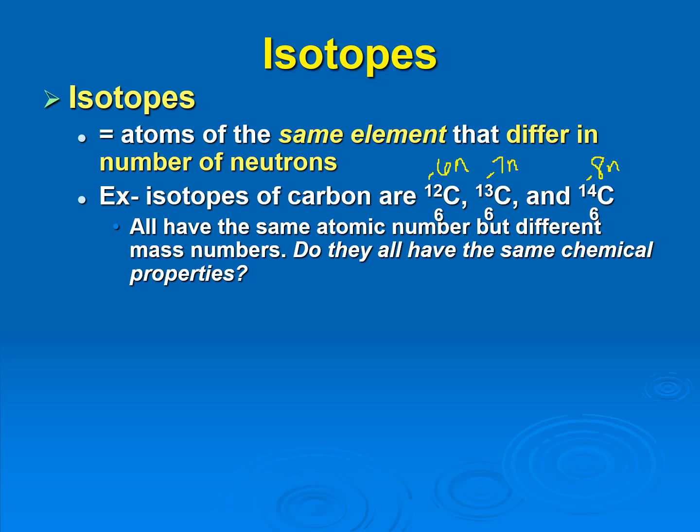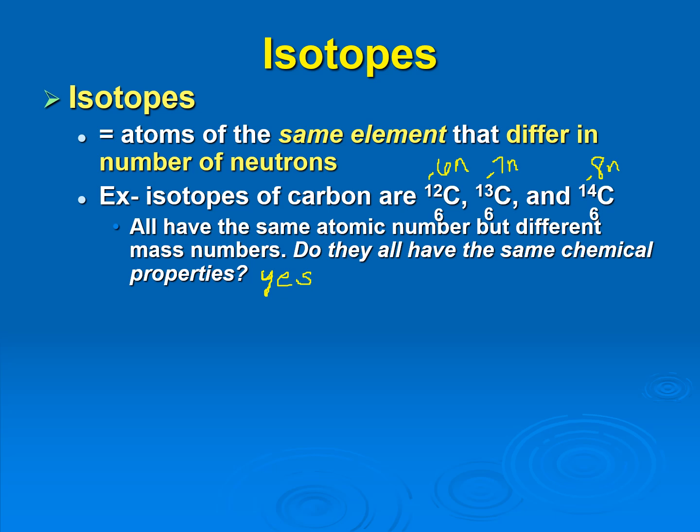They're all going to be carbon. And they all have the same properties of carbon because they all have 6 protons, because it's the 6 protons that makes them all carbon. And so they do all have the same chemical properties. So our bodies, if we needed carbon, we could use either carbon 12, carbon 13, or carbon 14 and use that to make whatever we need with the carbon in our bodies. So we could use any of these.